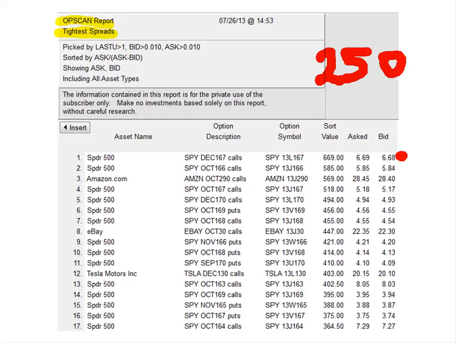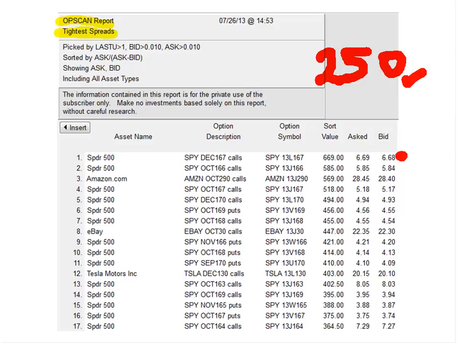And you can see that the spider has several of these contracts showing up amidst the top 250 here. That's what we're aiming for, relatively the tightest spread between bid and ask. I'd hope you would agree that that kind of list of option contracts is one that should interest us.